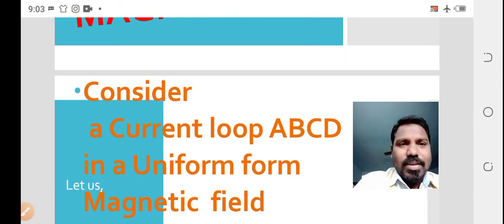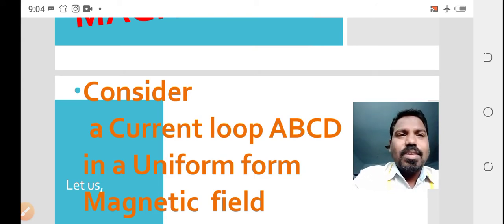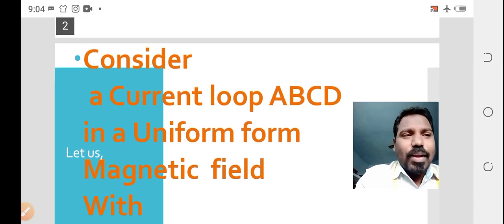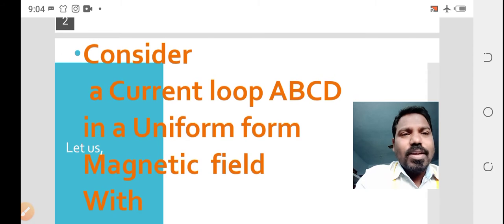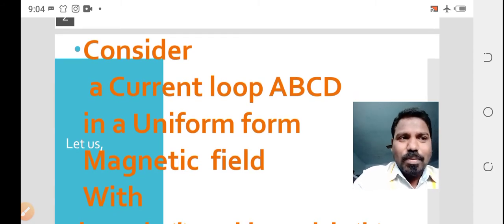Let us consider a current loop ABCD in a uniform magnetic field. We need to give a certain name to the loop, so here I have given the name of the loop as ABCD.